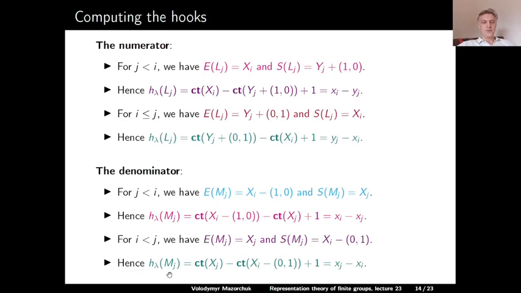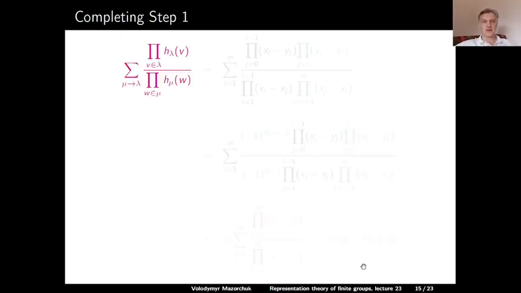So therefore, the content of such mj is the content of xj minus the content of xi minus 0, 1. Again, here we have a contribution of minus 1, which cancels this contribution of 1, and we get xj minus xi. Now we can collect all this together.